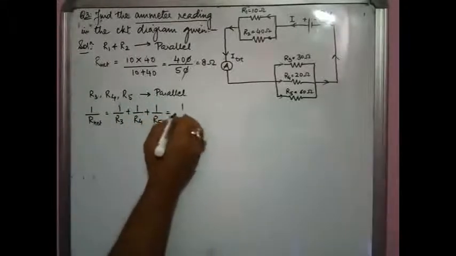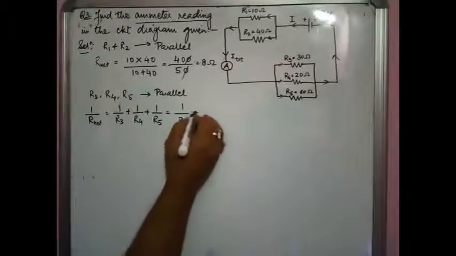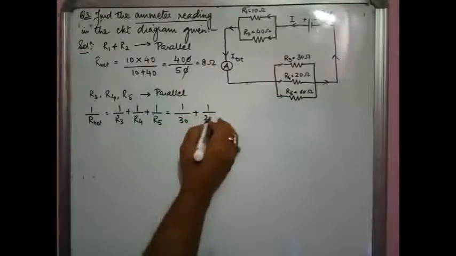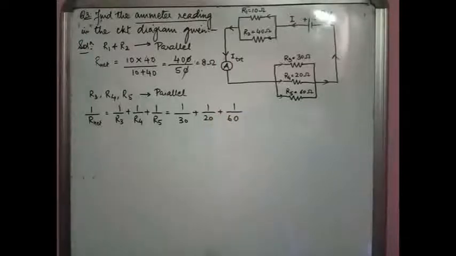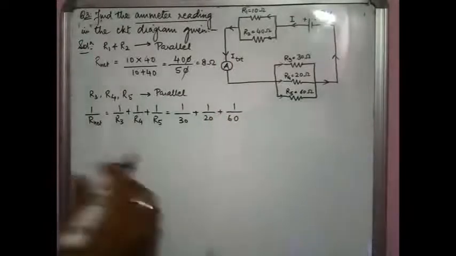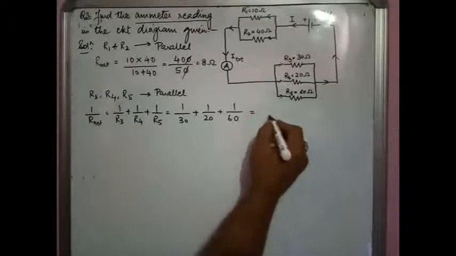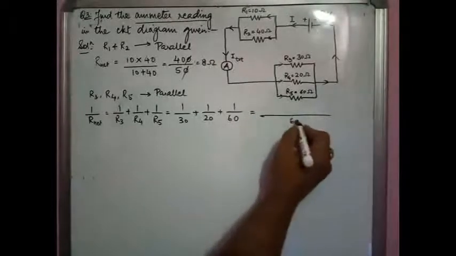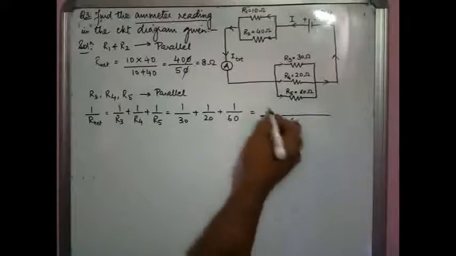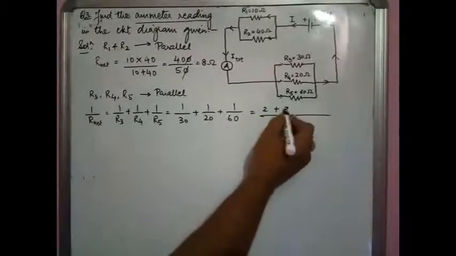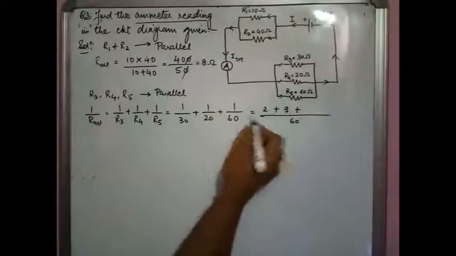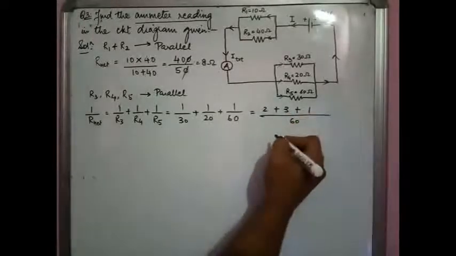Putting the values, 1 upon 30 plus 1 upon 20 plus 1 upon 60. What is the LCM going to be? The LCM is 60. 30 2s are 60, so you have 2, plus 20 3s are 60, so 3, plus 60 1s are 60, so 1.